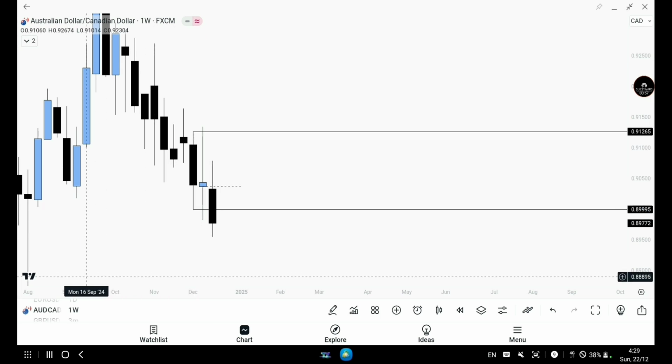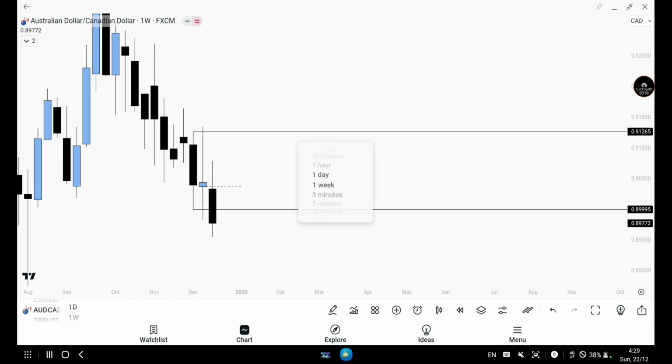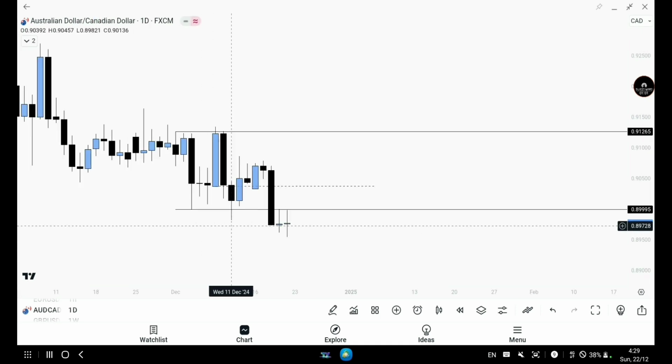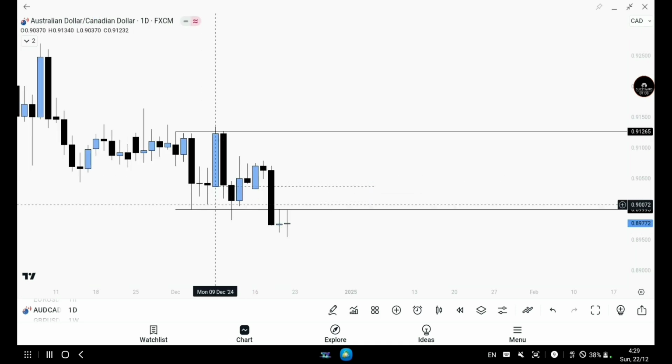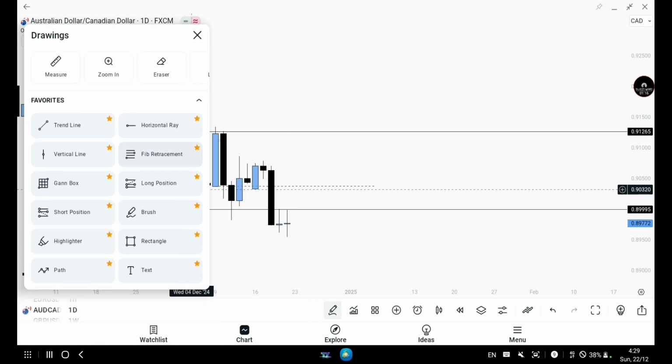So now let's drop to the daily time frame to look for the PDRA. And as you can see, as soon as this day started, the new week started, price pushed above. And what do we find above?